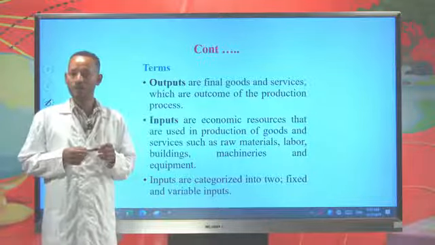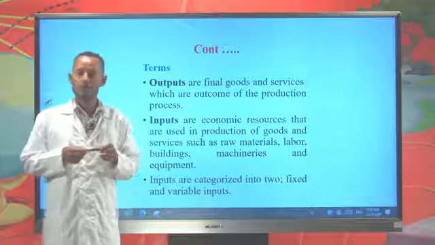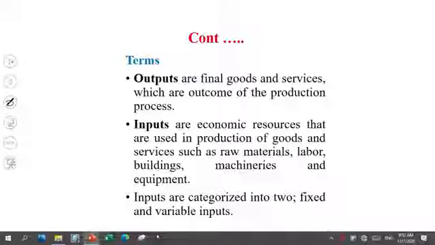If the farmer employs land, labor, fertilizer, and seed to produce the output wheat, then land, labor, and fertilizer are considered as inputs.